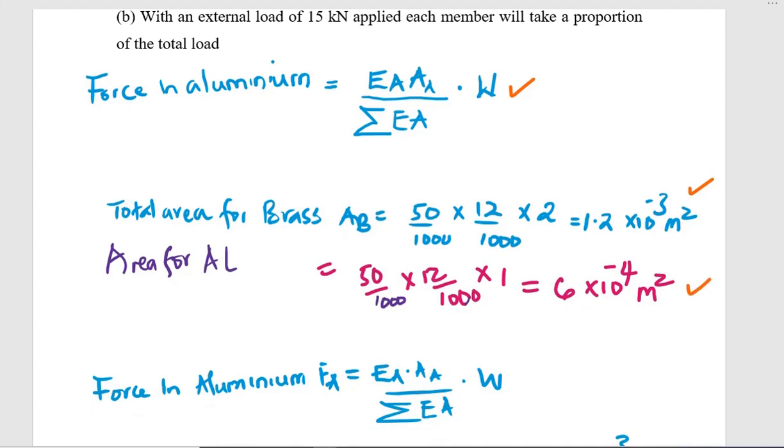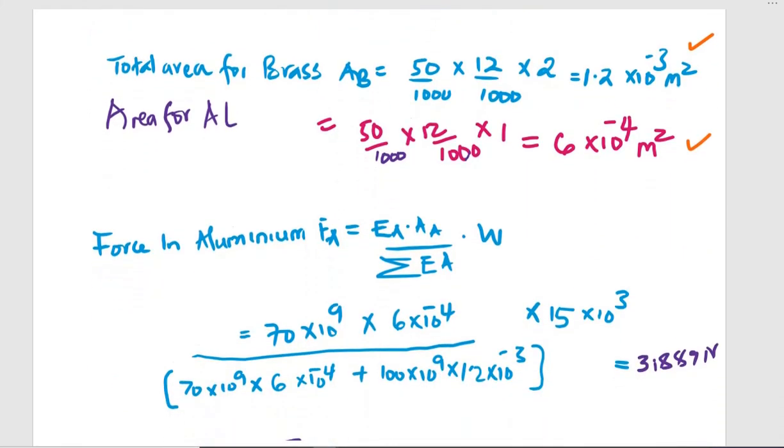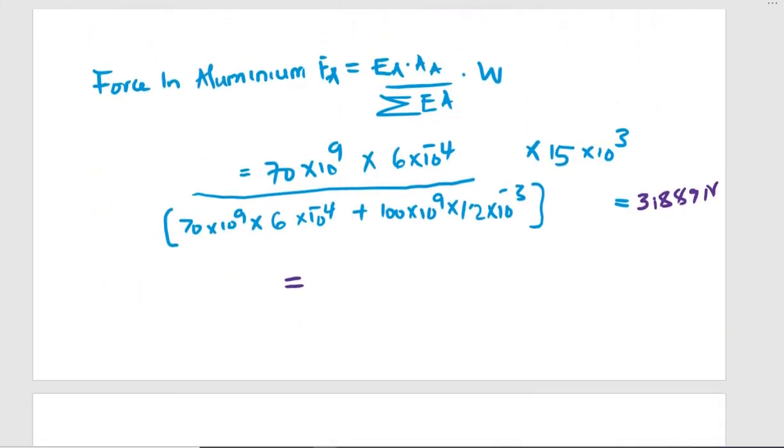Now what about the force or the load taken up by aluminium alone? Using that formula above, we just substitute in the values. 70 giganewtons per square meter is the modulus of elasticity of aluminium, times the cross-sectional area of aluminium, times the total load, which is 15 times 10 to the power 3 newtons, divided by 70 times 10 to the power 9 times 6 times 10 to the power negative 4, plus 100 times 10 to the power 9 times 1.2, which is the area of brass, times 10 to the power negative 3.